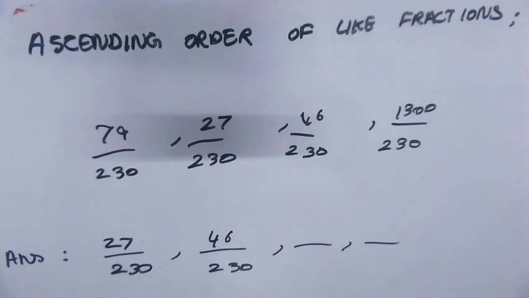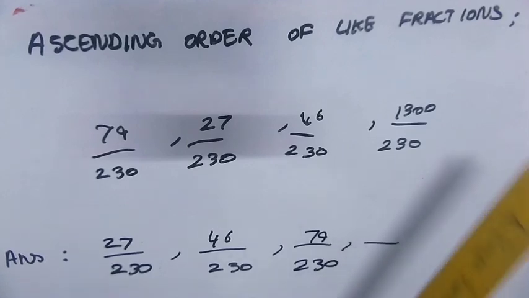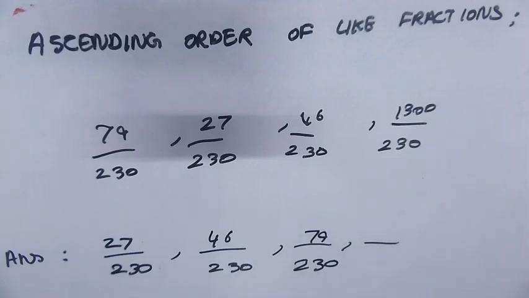Then we want to move on to the next largest number, which would be 79. 79 by 230 is the next largest fraction. And at last we only have this 1300 by 230.